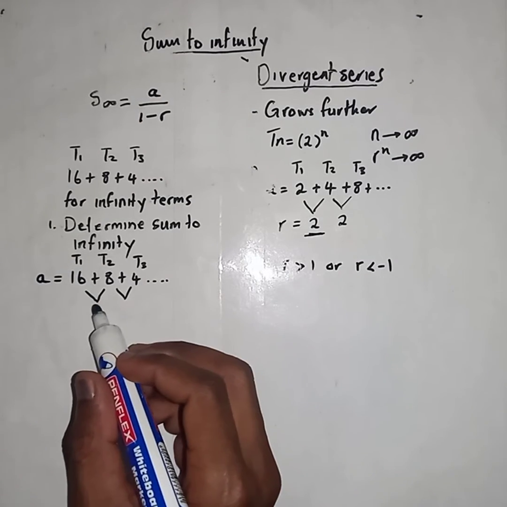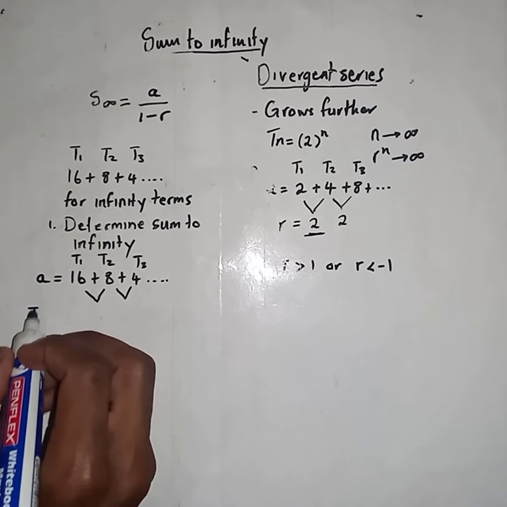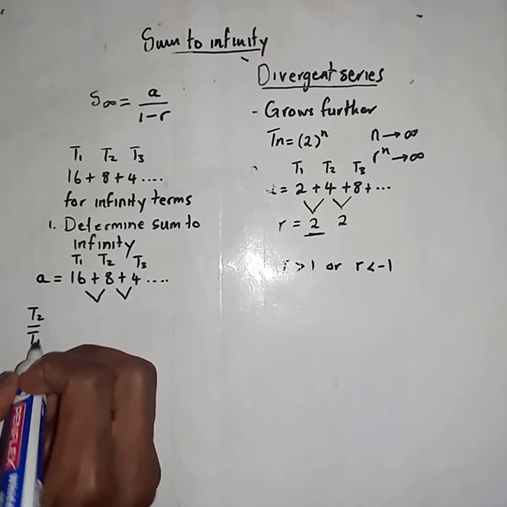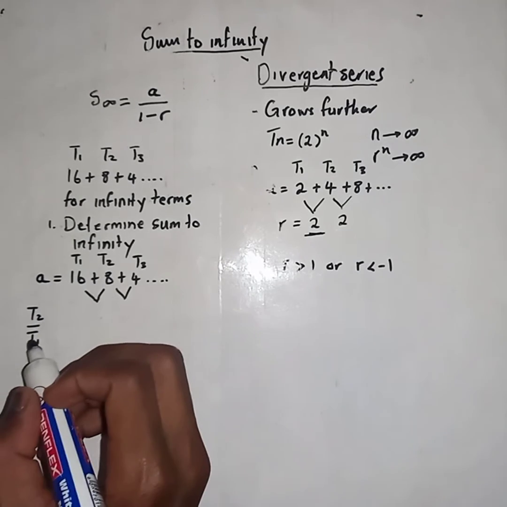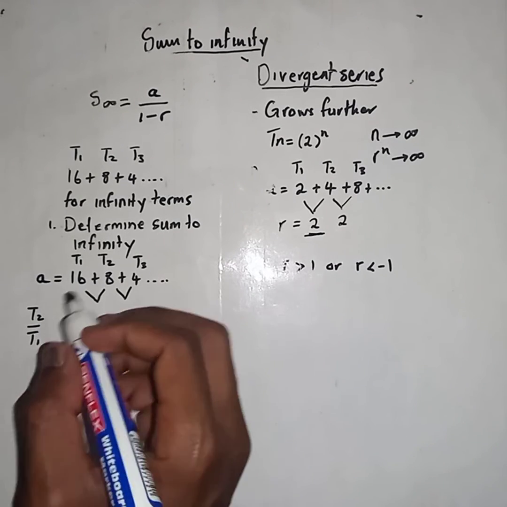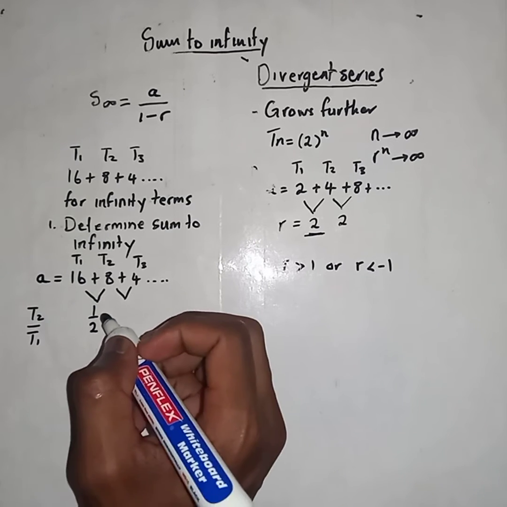To determine the value of r, we are going to take t2 first divided by t1, which is 8 divided by 16. If you take 8 divided by 16, you must get 1 over 2.